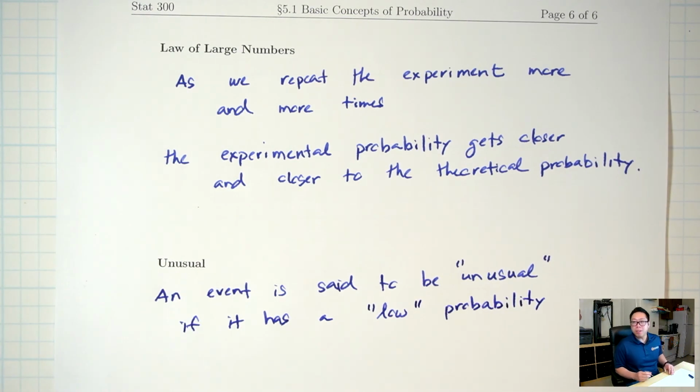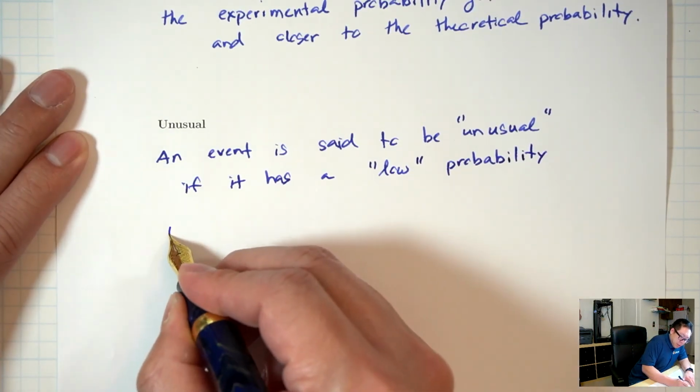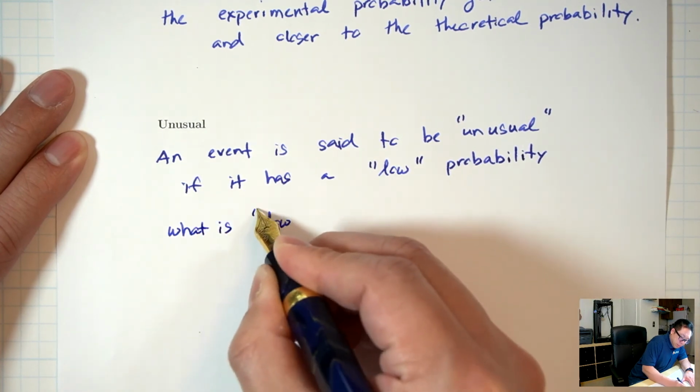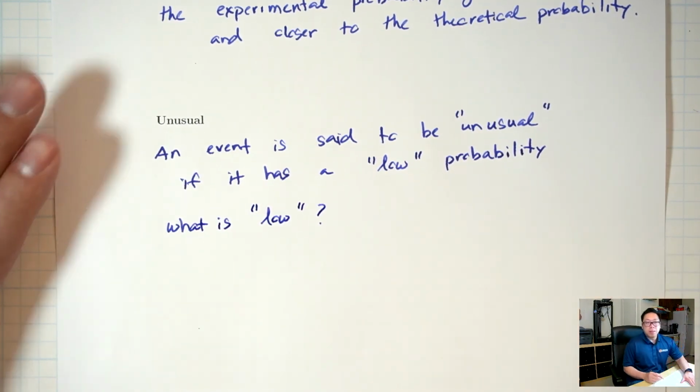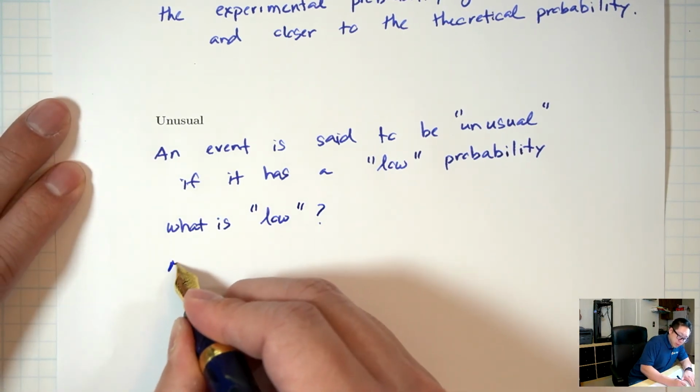And I say low because what does low mean? The most common criteria for low is 0.05.